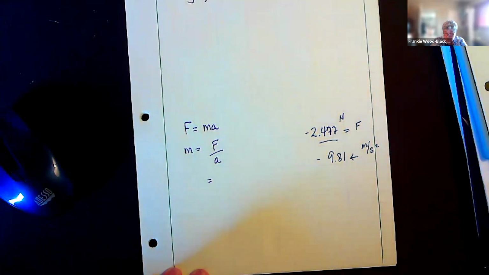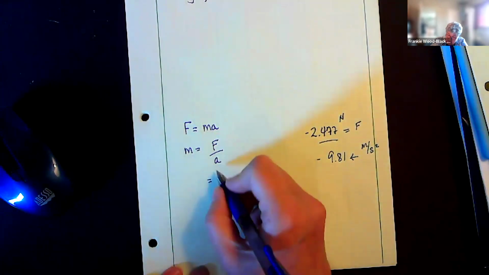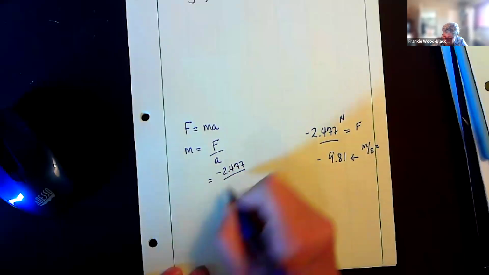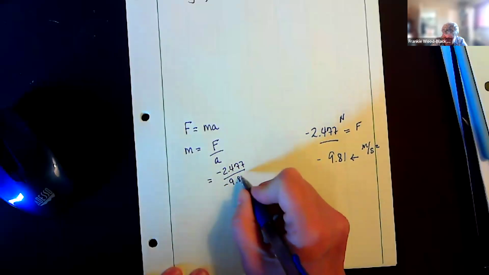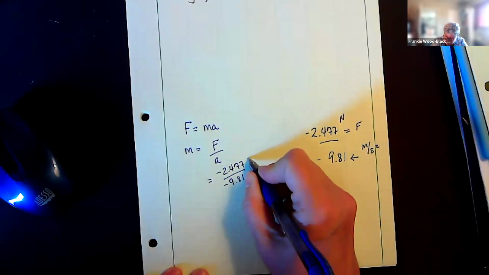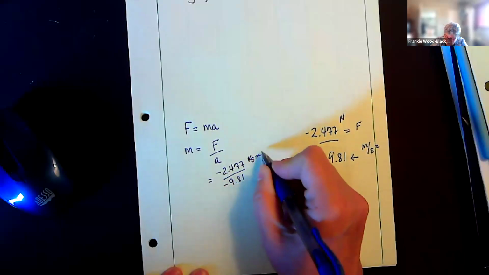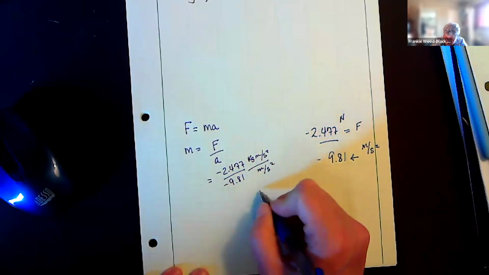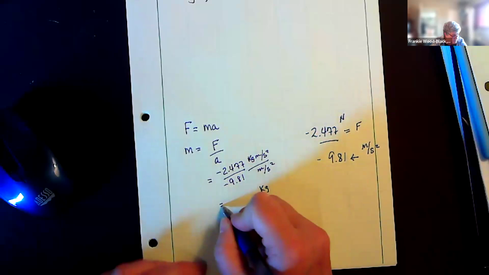So now I'm going to have my negative 2.477 divided by my negative 9.81. This is in kilograms meters per second squared divided by meters per second squared, so I'm going to end up in kilograms.